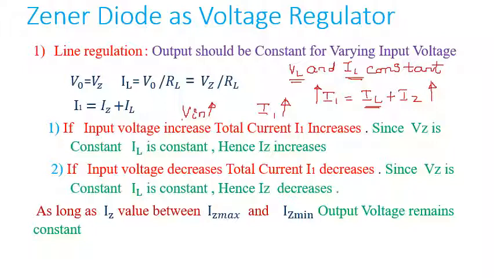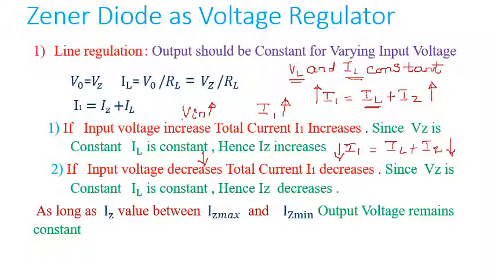If the input voltage Vin decreases, total current I1 decreases, but I1 is equal to IL plus IZ, IL to be constant, IZ should be decreased, VZ is kept constant, IZ decreases.